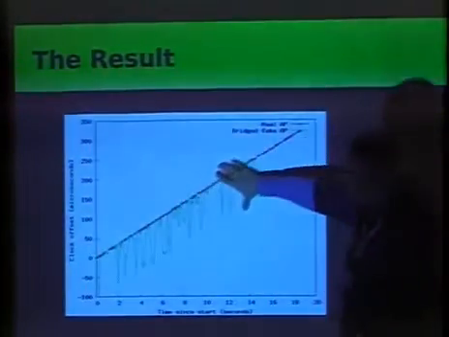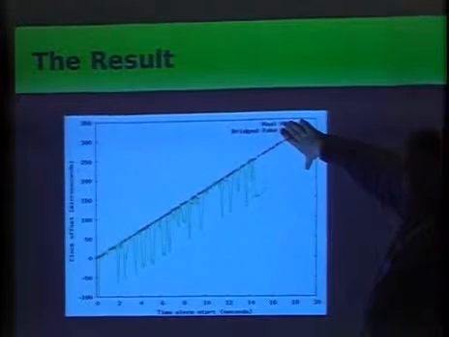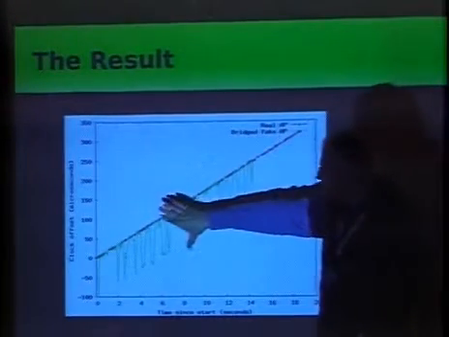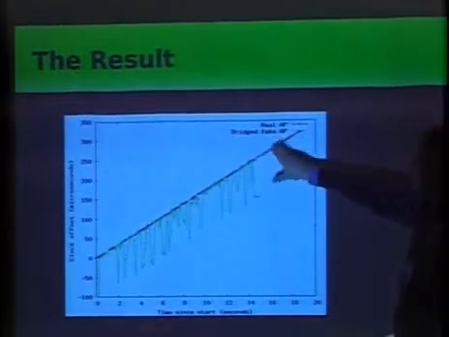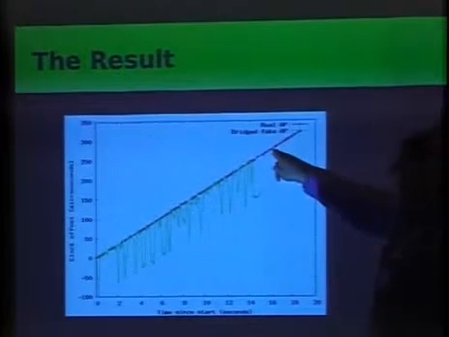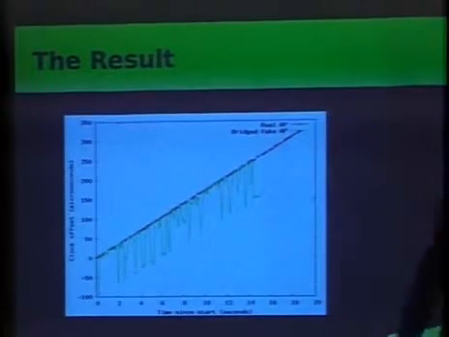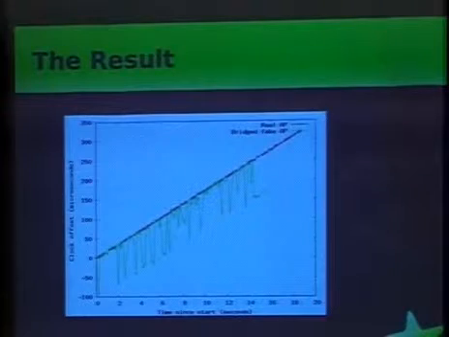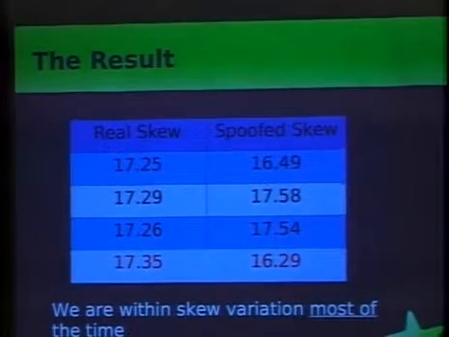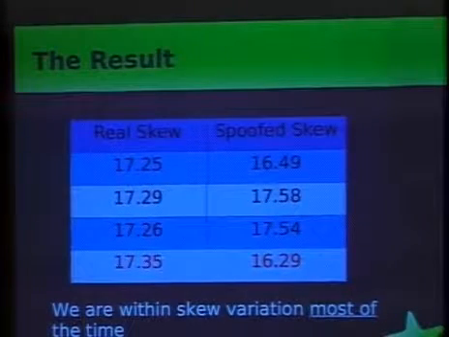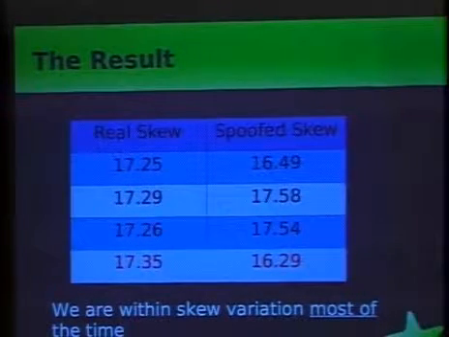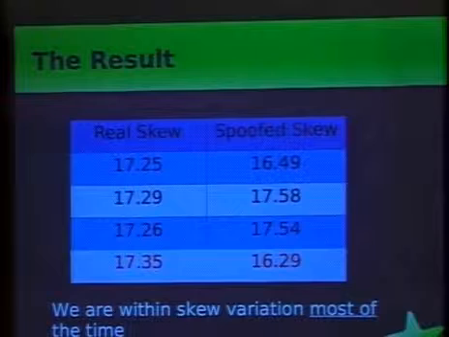And so it's, again, pretty much the same slope. It, again, pretty much coincides with the red line, which is what we're trying to spoof. But unfortunately, there is this extra variation. How much variation is there? Not that much, it turns out.